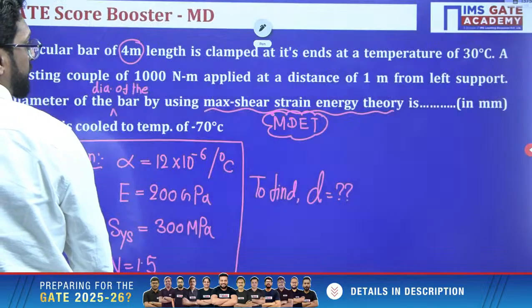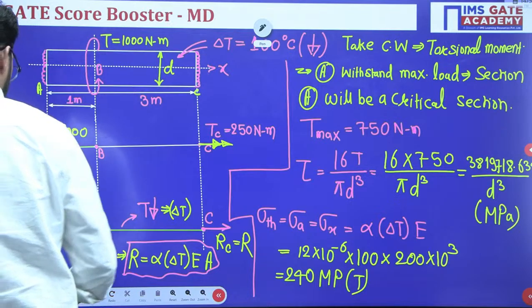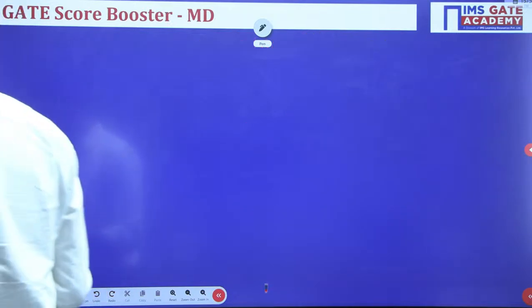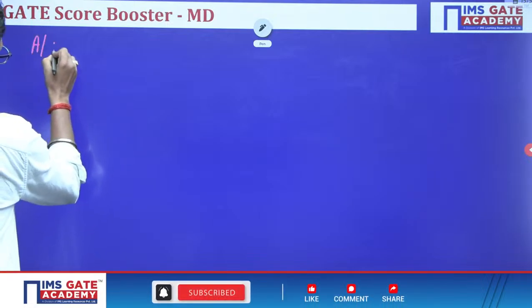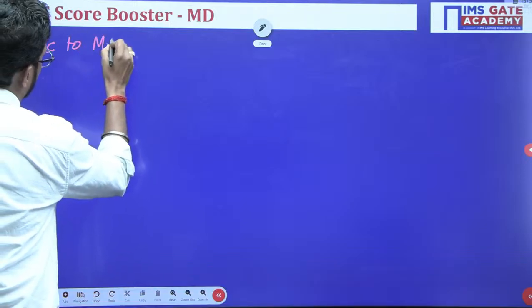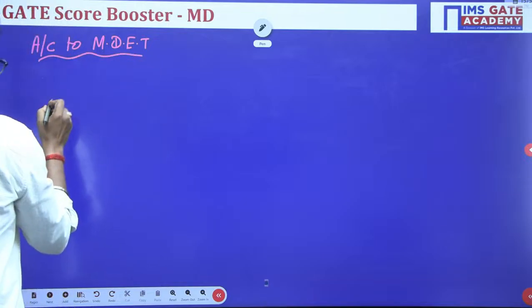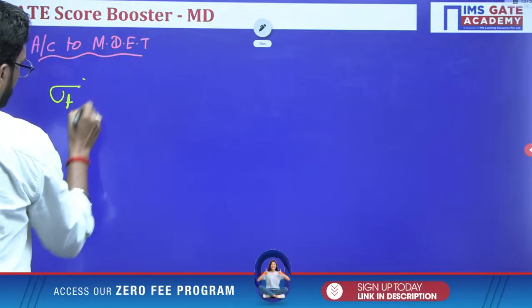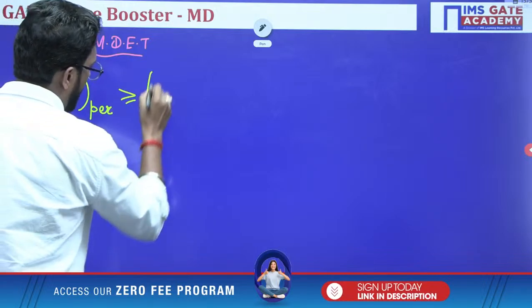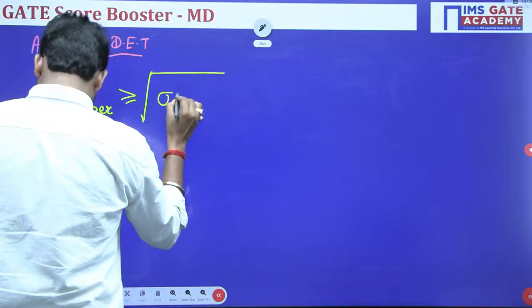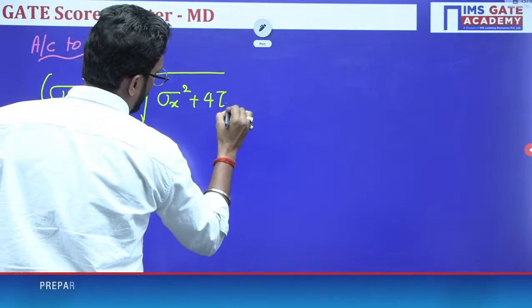We already discussed this thing in the main classes. So according to MDET, we know this thing, beta. Already we have discussed in the class. Sigma T permissible greater than or equal to square root of sigma x square plus 4 tau xy square.